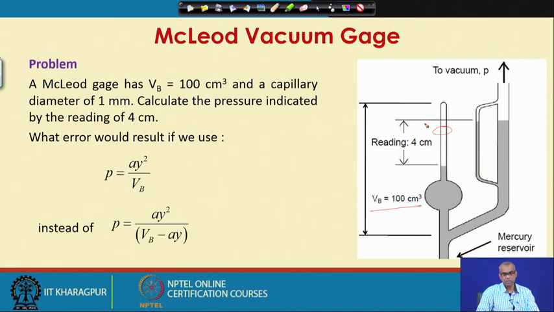Calculate the pressure indicated by the reading of 4 centimeter. So, this is the reading. This is the 0 mark in the reference capillary. So, we have this as the y in our previous derivation.